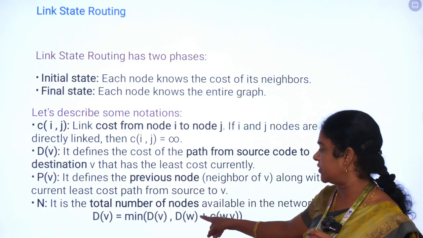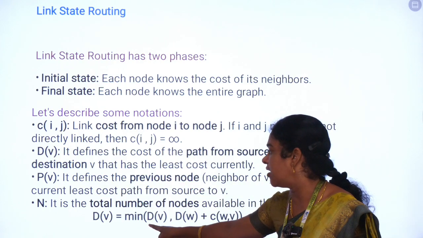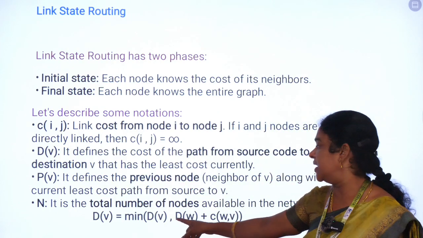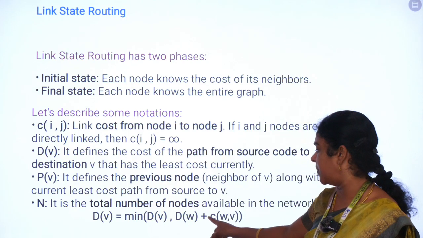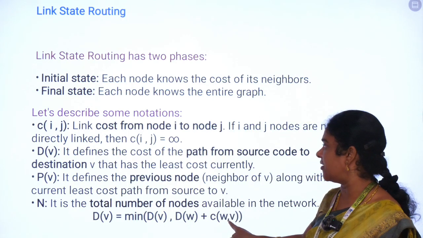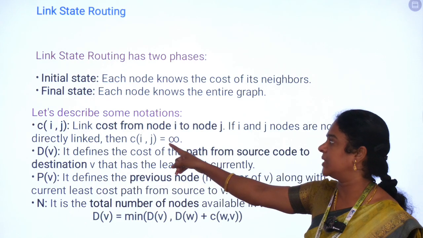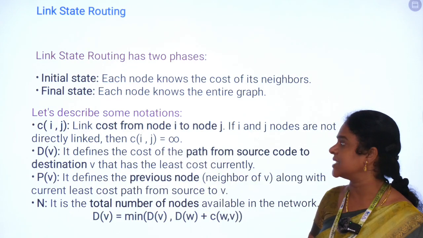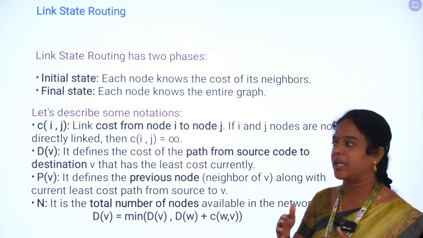In this one, the formula is D(v) = min(D(v), D(w) + C(w,v)). Here C(w,v) is C(i,j), that is the cost from node i to j.